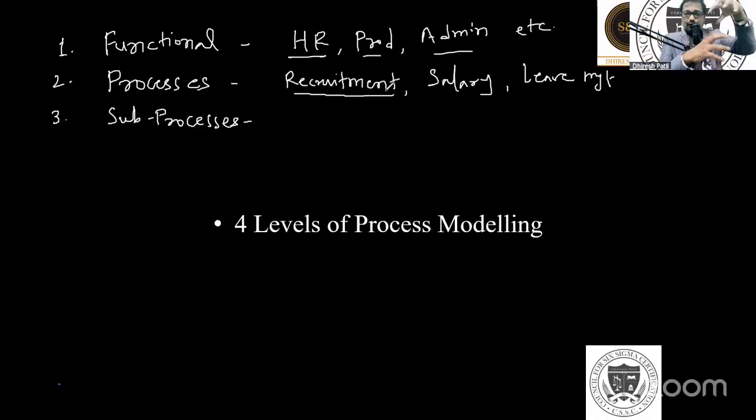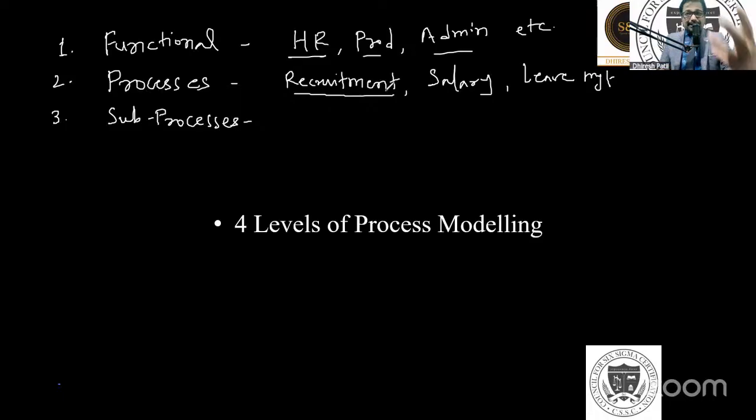See, so function first, all the departments. In the department there are processes. In the processes there are sub-processes. Let's say recruitment. What is step number one? Maybe the job description. Then the shortlisting of CVs. Absolutely right. Then salary structure creation. Then shortlisting the candidates, arranging the interview, conducting the interview, correct?